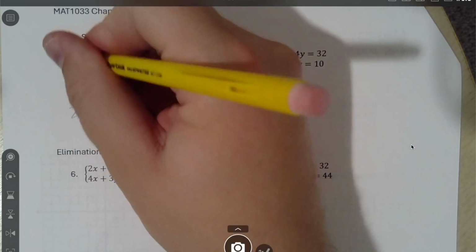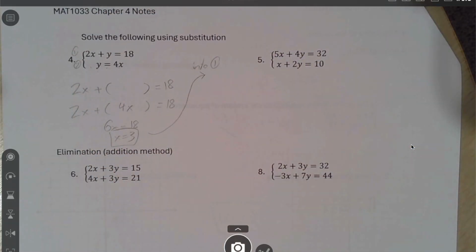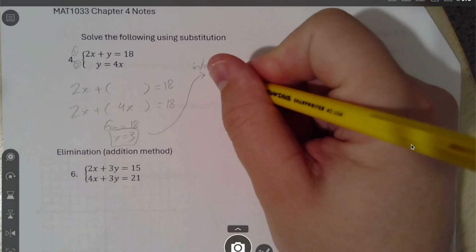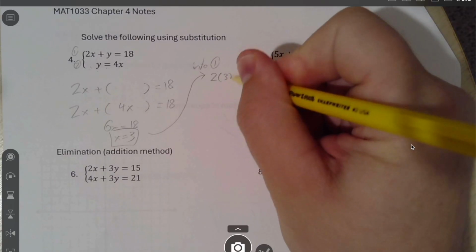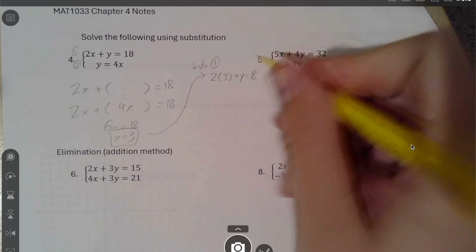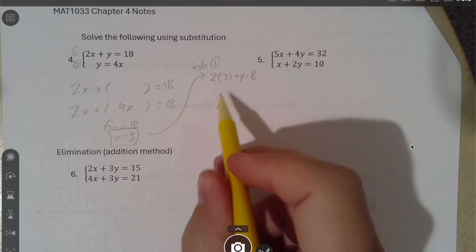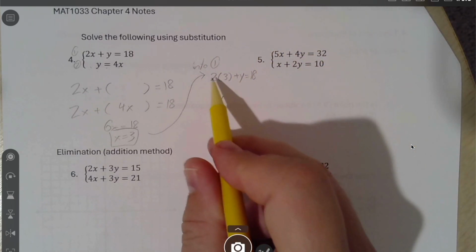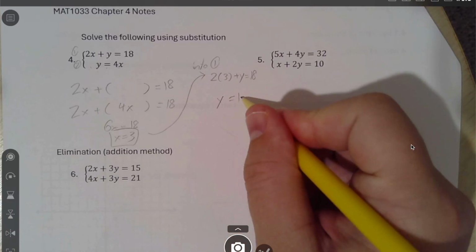And sometimes we do label them like 1 and 2 with circles. If I plug it into equation 1, that's going to be 2 times 3, because they told me x is 3, plus y equals 18. And if I work that out really quickly, that's 6. If I subtract that 6 to the other side, I'll get 12.